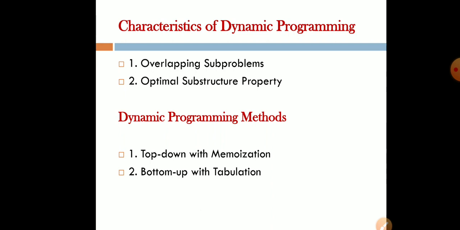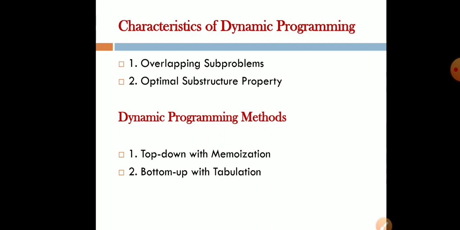We know that one problem is divided into multiple subproblems, or smaller versions of the original problem. Then any problem has overlapping subproblems if finding its solution involves solving the same subproblems multiple times. That is the overlapping. Multiple times we are using the same subproblem.